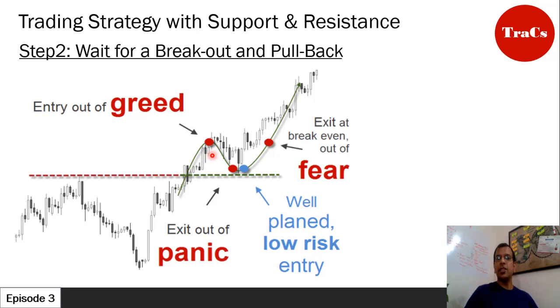The moment the price breaks out, a lot of people who have actually bought the stock at a lower price see a new high in a long time and they rush to book their profits, which is why the stock price typically gets pulled back towards the resistance zone or the new support zone.